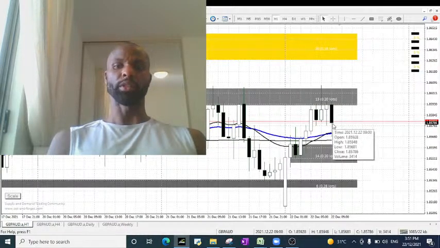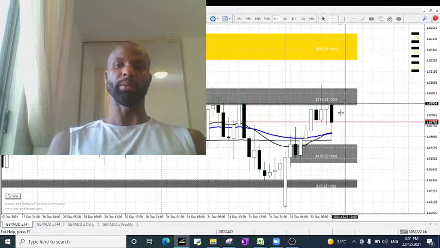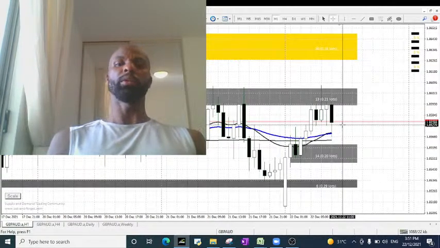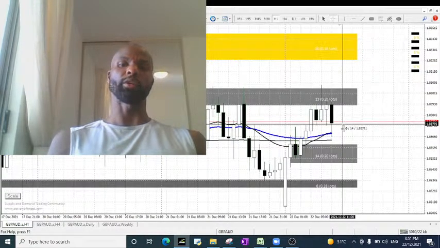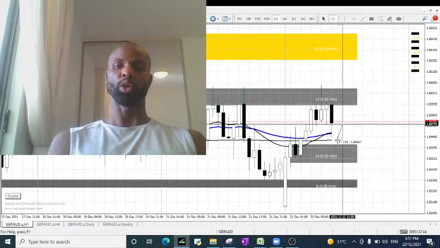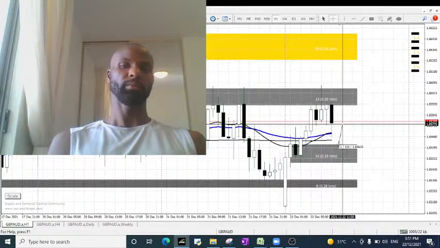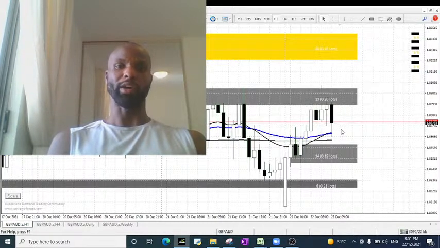If this candle closes like this, there is a big probability that the next candle will come down at least 10 pips, or even up to here, 15 pips. A high probability.